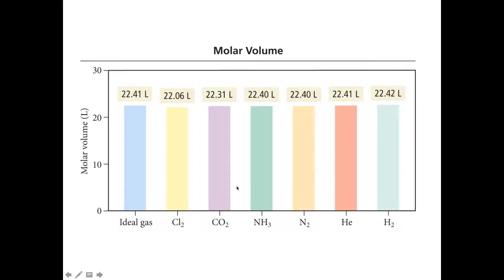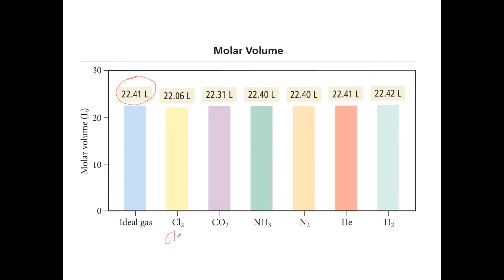It turns out that an ideal gas has a molar volume. Do you remember this from section 5.2, 5.3? We had the molar volume of an ideal gas, and we found out that it was 22.41 liters. Well, chlorine at a particular temperature doesn't have exactly 22.41.